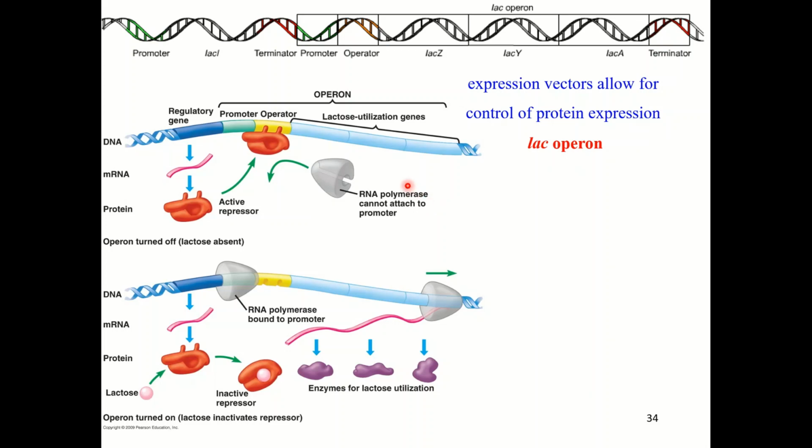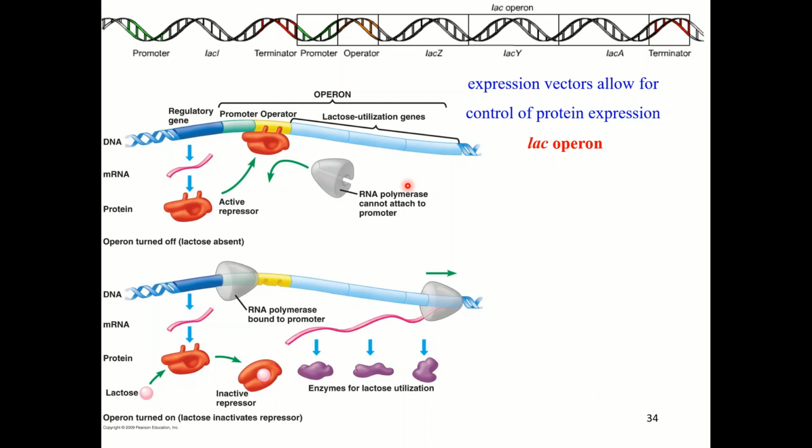You put this expression vector containing your gene into a bacteria cell. You want that cell to make the protein, but you don't want it to always be making the protein. You want to be able to grow the cells to a certain density. You want lots of cells there before you tell them to start making this protein. If they're constantly making this protein, they'd be using a lot of energy.